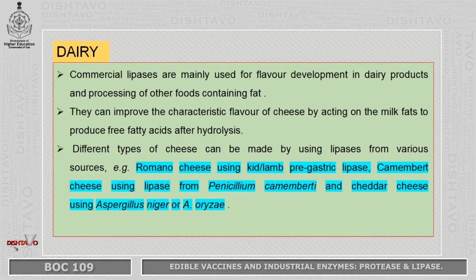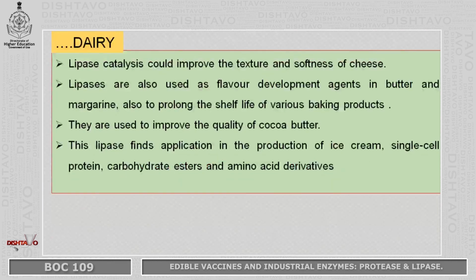Different types of cheeses which are made using lipases include Romano cheese using kid or lamb pregastric lipase, Camembert cheese using lipase from Penicillium camemberti, a fungus, and cheddar cheese using Aspergillus niger or Aspergillus oryzae. So these are also fungi. Lipase catalysis could improve the texture and softness of cheese, as I've already said.